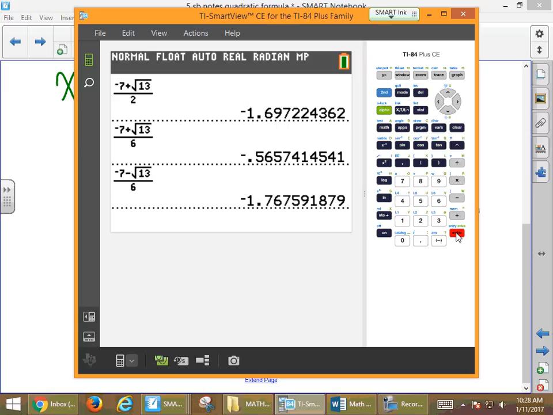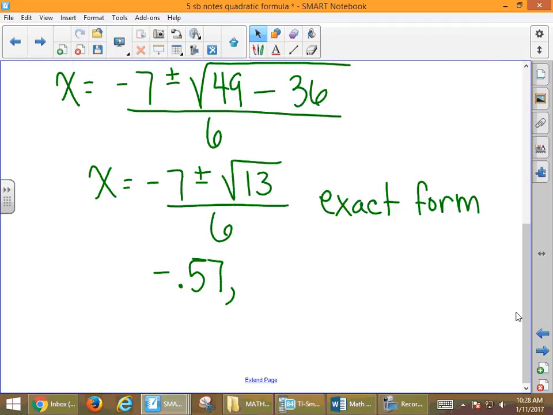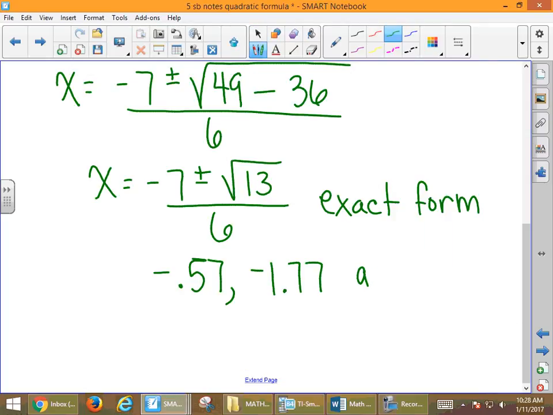If we round to the nearest hundredth, that's going to be negative 1.77. And that is our approximate value.